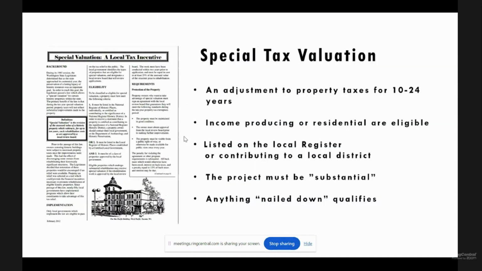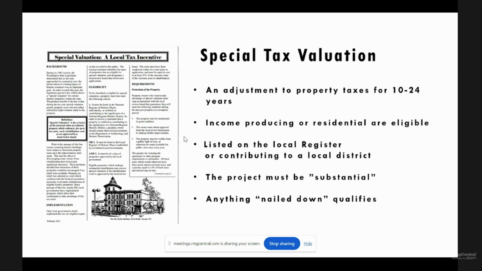There's something called special tax valuation, and this is actually for buildings listed on your local register. So anything that's on the Oak Harbor Register of Historic Places, and this is for residential and income producing, so it can be commercial or residential. And this can lower the property taxes on the property for 10 to 24 years.